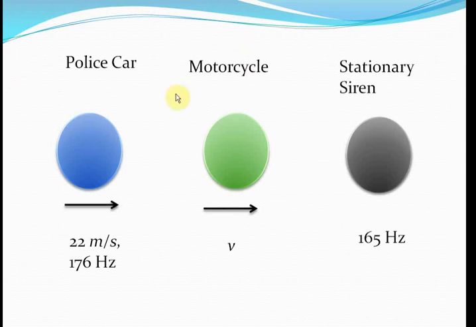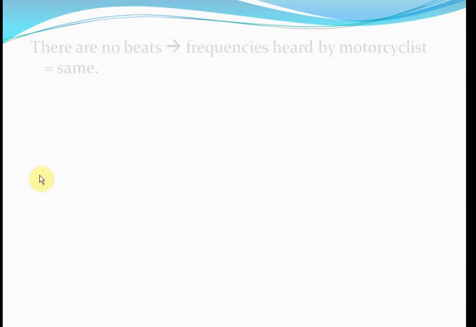So by using the Doppler effect, we can calculate the frequency that the motorcyclist will observe because of the police car, and the frequency that he will observe because of the stationary siren, and we can equate those two frequencies. So let's do it.